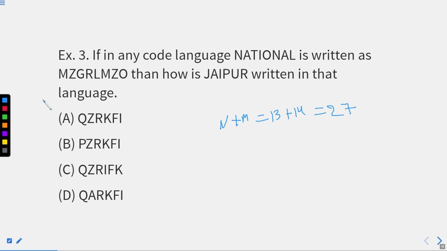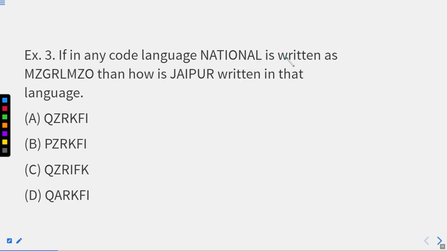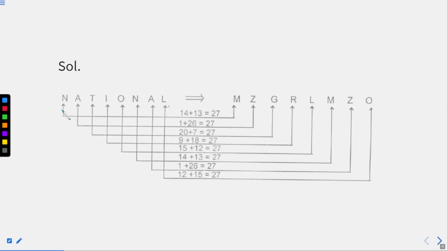So we are going to use the same concept to code the complete word national. For N the place value is 14, M is 13 and we are getting 27. In the similar manner, we'll do each and everything. The last letter is L and its place value is 12 and the total sum is 27, so the other letter we get is 15, that is O, right?